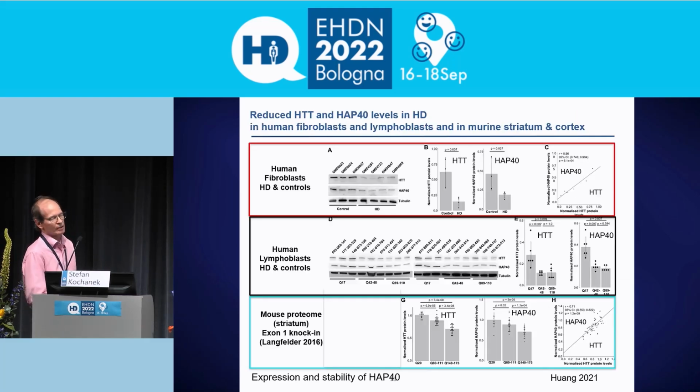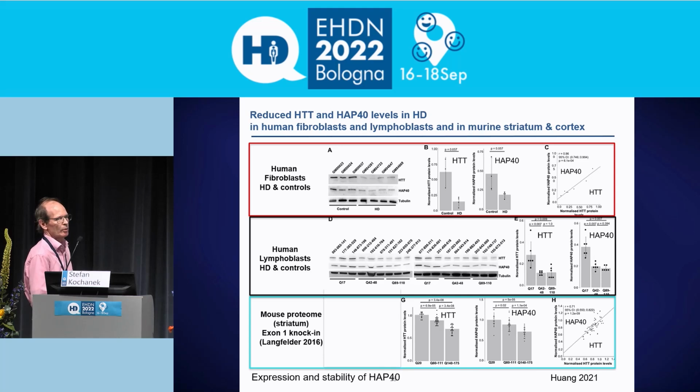What about HD? So we looked at HAP40 and also, of course, Huntingtin levels in different cell types. We looked in human fibroblasts of HD patients and of controls.